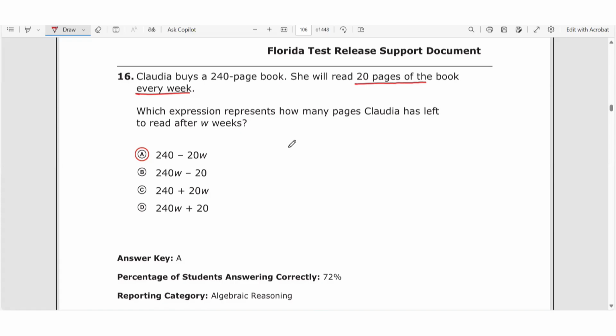Okay, she's going to read 20 pages per week, so you already know that's going to be 20 times W. That's going to tell the number of pages that we'll read, but you have to take that from the 240 to know what is left. So if I'm going to try to find out what is left, I'm going to have to put my 240, 20 times W, and then subtract that. And that is why this is the only answer there.